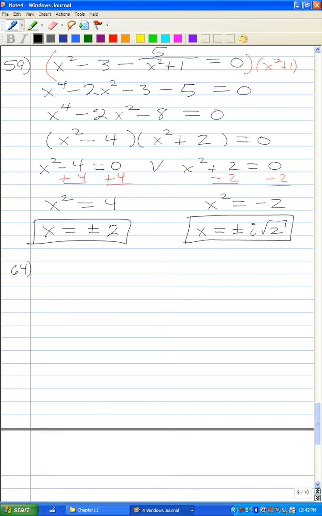So let x be the first positive odd integer. Let x plus 2 be the next positive odd integer. The sum of their squares is 130.